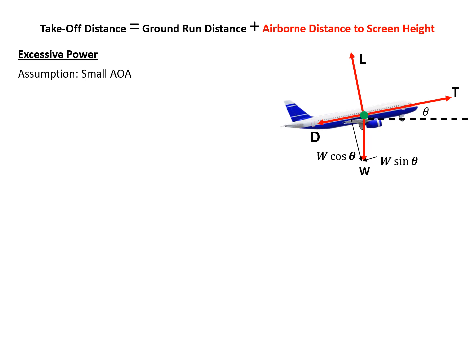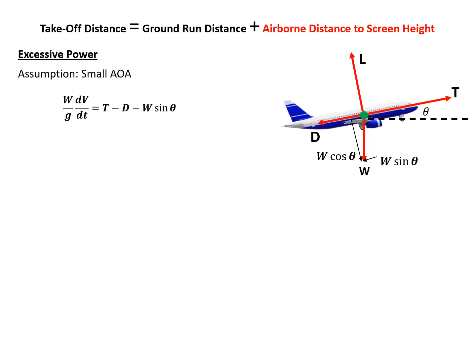Before we learn how to calculate the distance, first let's figure out what is excessive power. In order to determine the excessive power, we need to make the small angle of attack assumption. On the right hand side, we have the aircraft being lifted off towards screen height.